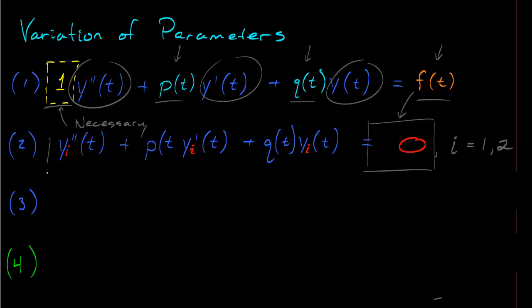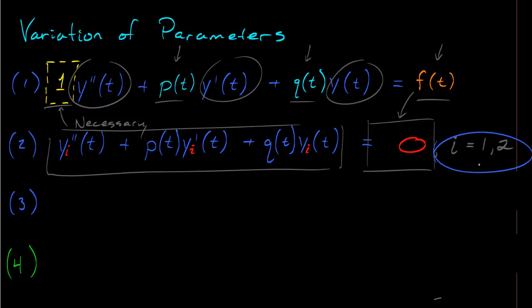Other than that, everything else has stayed the same: y double prime, plus p of t times y prime, plus q of t times y. We need that to happen for two different values of i. We need y1 to be a solution and y2 to be another solution.